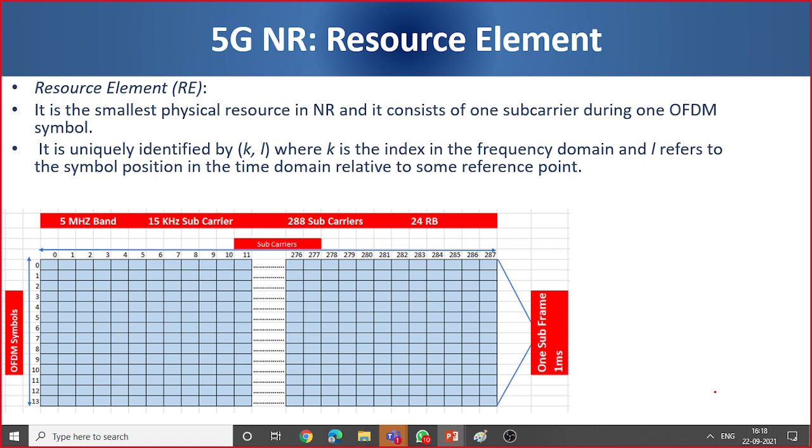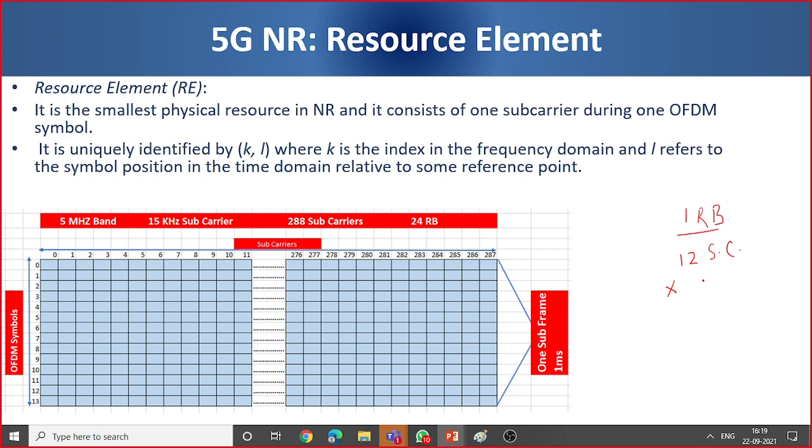In terms of another way of explanation, what is one resource block? Suppose you have one RB. One RB means 12 subcarriers, right? But for how much duration do you want to carry the data on these 12 subcarriers? One symbol duration or 14 symbol durations?